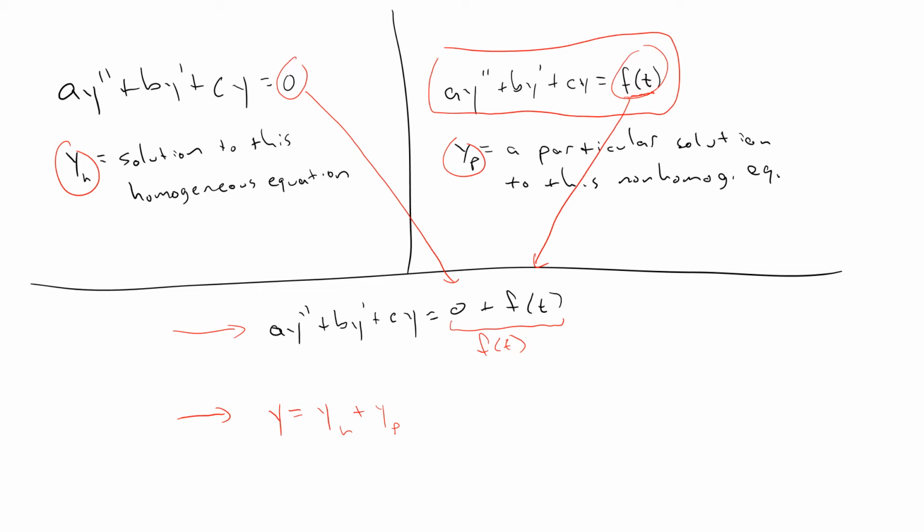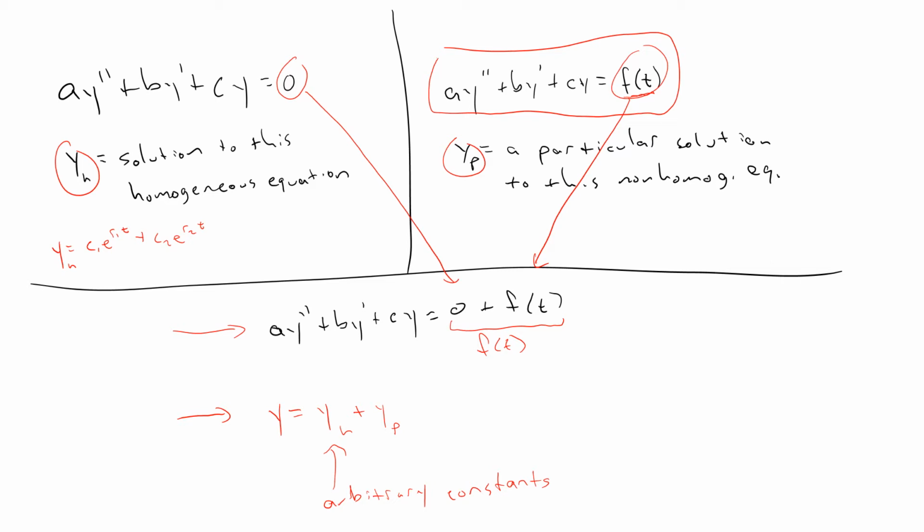One thing we need to understand though, and this is what you'll see in the examples in the next video, this y sub h will contain arbitrary constants. In fact, it'll contain two arbitrary constants. Because if you remember, when we solve our auxiliary equation, for example, we might have yh equals c1 e to the r1t plus c2 e to the r2t if r1 and r2 were distinct roots to the auxiliary equation.